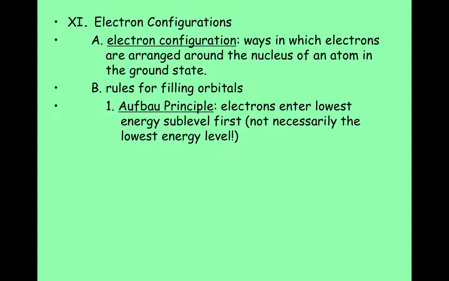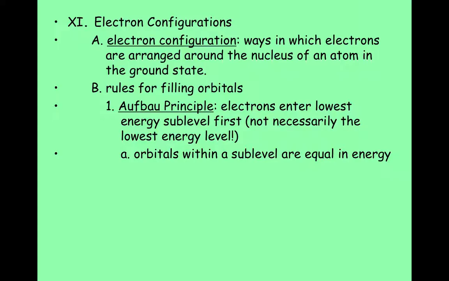Not necessarily the lowest energy level. We're going to see some sublevels kind of switch around, but the point here is that electrons will go to the lowest energy sublevel first. Orbitals within a sublevel are equal in energy, and so that leads us to the Aufbau diagram, which we have here.